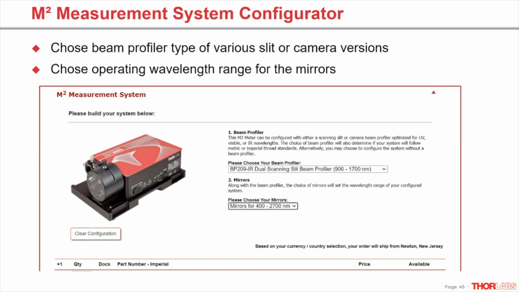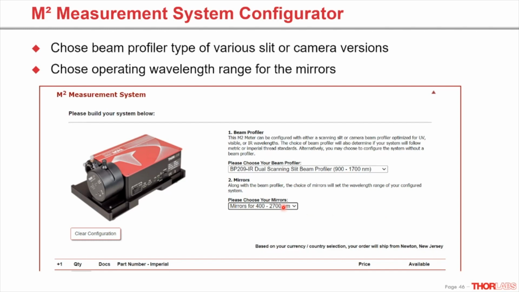So on the Thorlabs website, the M-square measurement system can be conveniently configured to your needs. You can choose between all kinds of available slit or camera beam profilers.